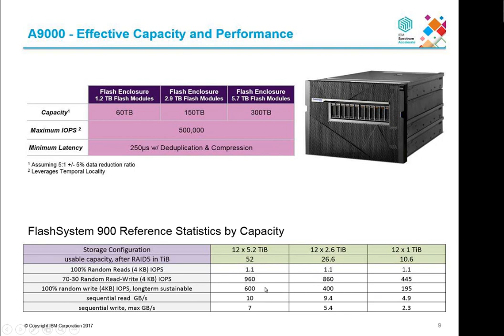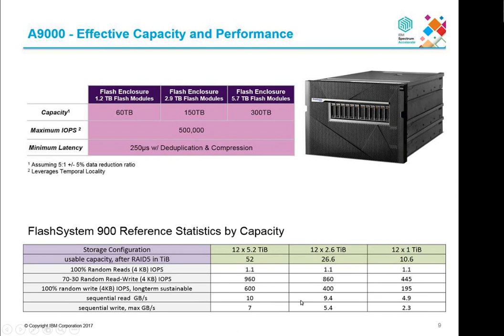I have 4 times as many chips for the max config and 2 times as many for the middle config. So I do see potential performance differences in the A9000 based on limitations for the smaller FS900.